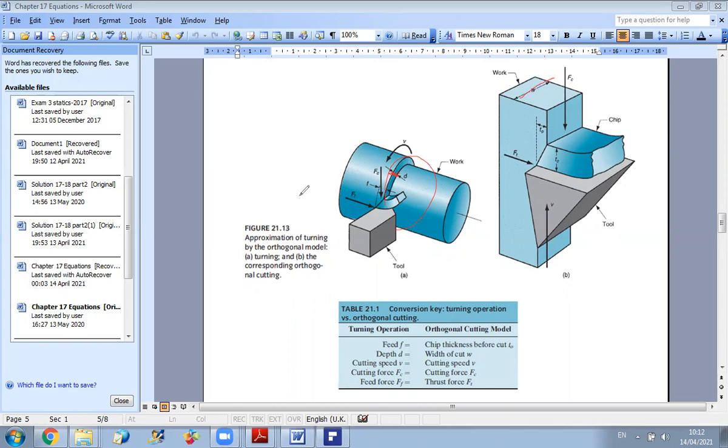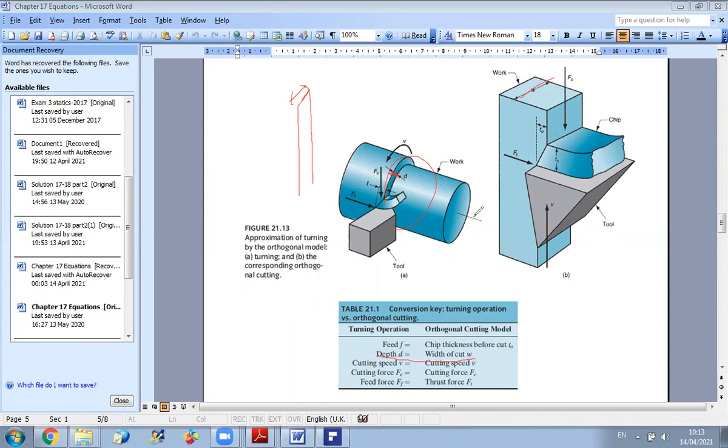So in the equations, if we want to extrapolate the equations of the orthogonal cutting model to the turning operation, the equivalent to the depth will be the width of the cut.